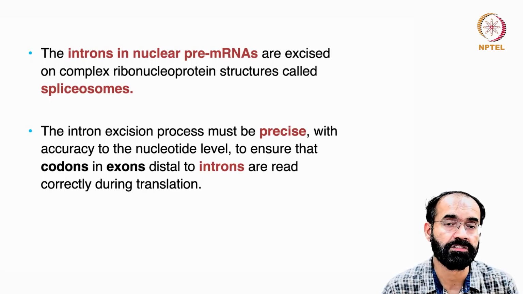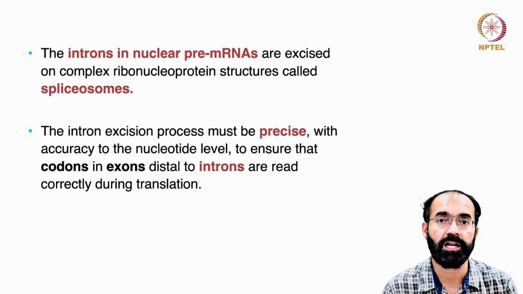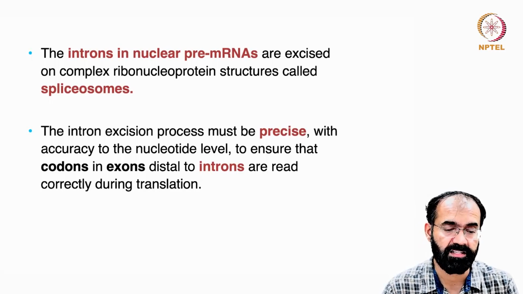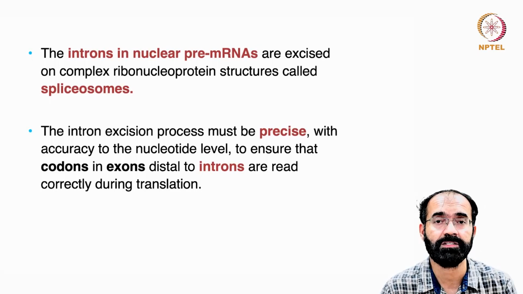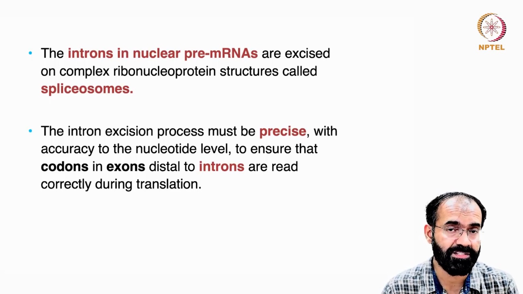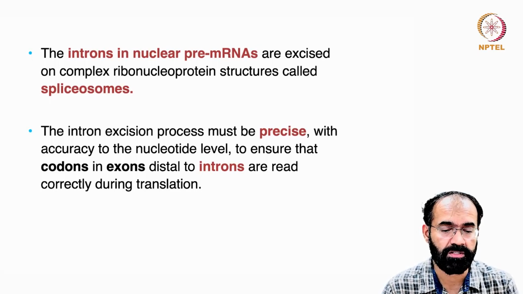That means it can cost the life of the organism, because these mRNAs are important for protein translation. So the intron excision process must be precise, with accuracy to the single nucleotide level. You cannot have more accuracy than a single nucleotide. You cannot go to a half nucleotide level, because the maximum precision you can have is at the single nucleotide level.